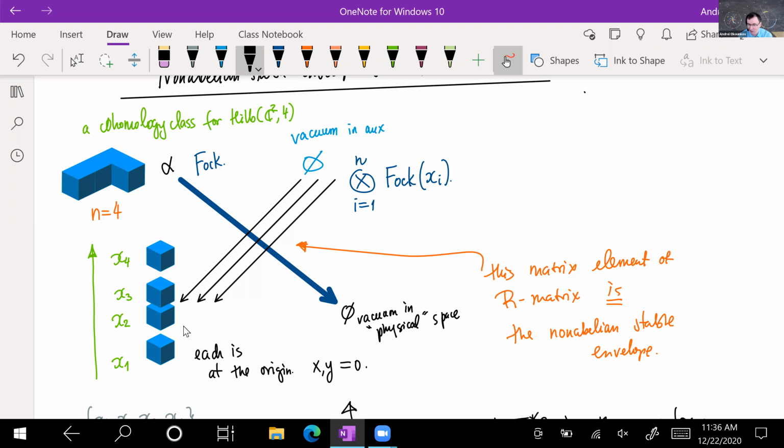That is to say, all the x and y operators, which correspond to loops in the quiver, are both equal to 0. So this sits at the origin, and then there's one box in every framing, so to speak.